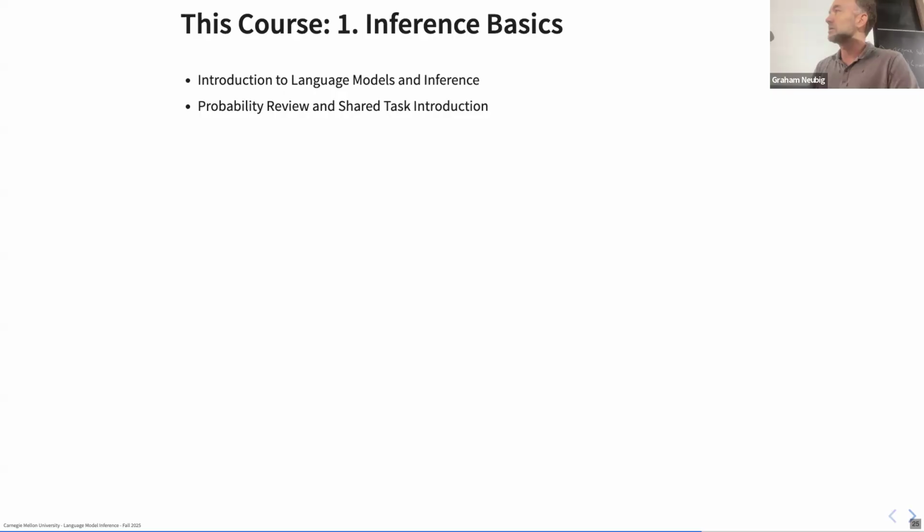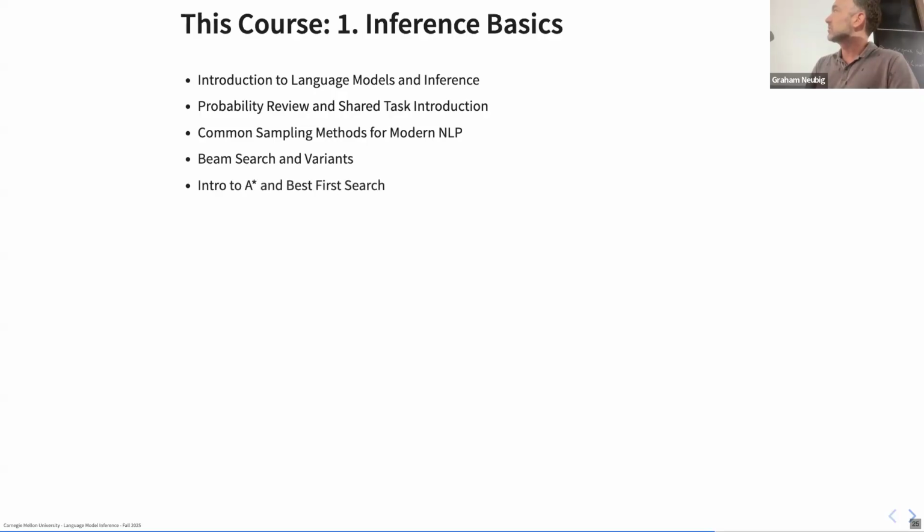So some probability basics, a simple implementation of the transformer, generation algorithms, meta generation algorithms, and then inference efficiency. Then we're going to talk about common sampling methods, beam search and variants, intro to A-star and best-first search, and other varieties of controlled generation. So this is going to be the generation section.